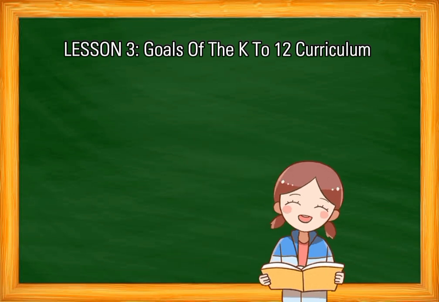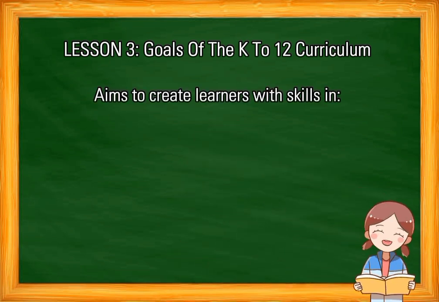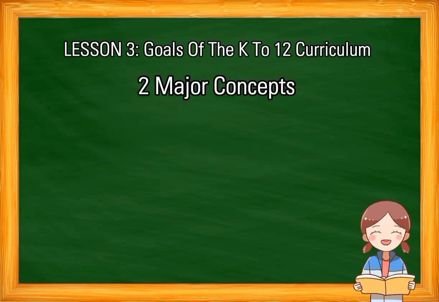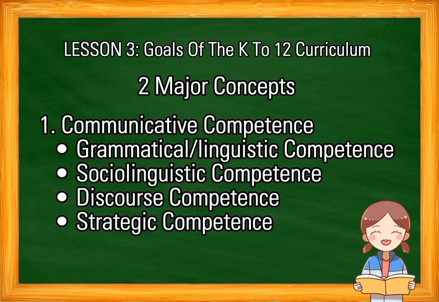The goals of the K-12 curriculum aim to create learners with skills in interpersonal communication, understanding and learning other learning areas, and academic independence. To attain these goals, it focuses on 2 major concepts. The first is communicative competence, which includes grammatical or linguistic competence, sociolinguistic competence, discourse competence, and strategic competence.